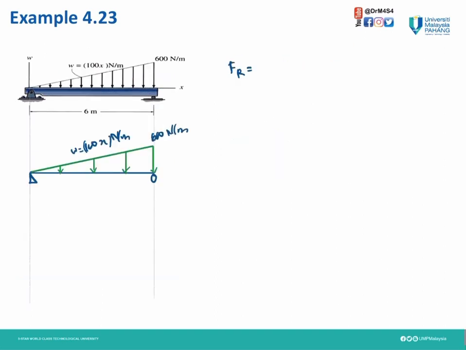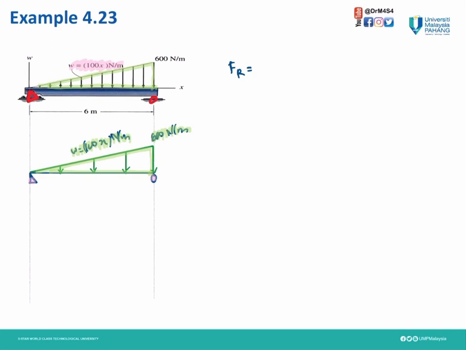For the next one, we have pin and roller, and the UDL is a triangle with intensity of W is 100x Newton over meter, and the highest is 600 Newton per meter on the roller support.